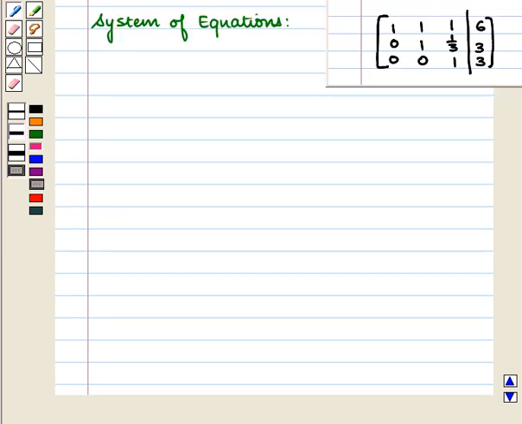Now we rewrite the reduced augmented matrix and equivalent system of equations. So we have the following system of equations. x plus y plus z equal to 6, y plus z by 3 equal to 3 and z equal to 3.